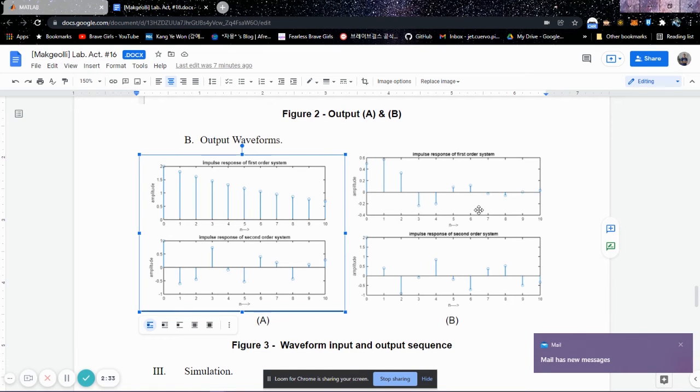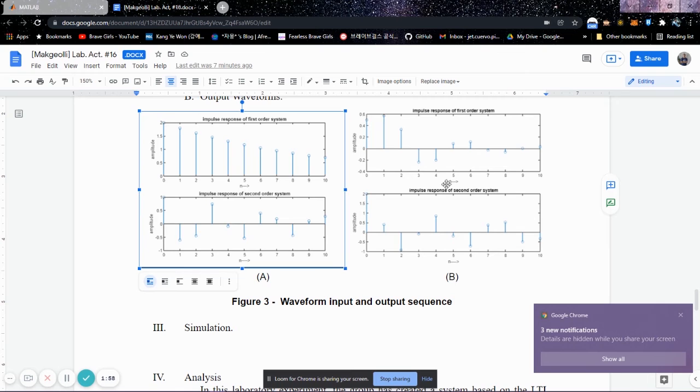Now to see the differences after tweaking the values of B and A for the first order and second order impulse response, you can see the differences in the output on the first order system. It is a decreasing amplitude where the signal's behavior is somewhat a sinusoidal pattern if you try to connect the signal, and it is decreasing in amplitude as n increases.